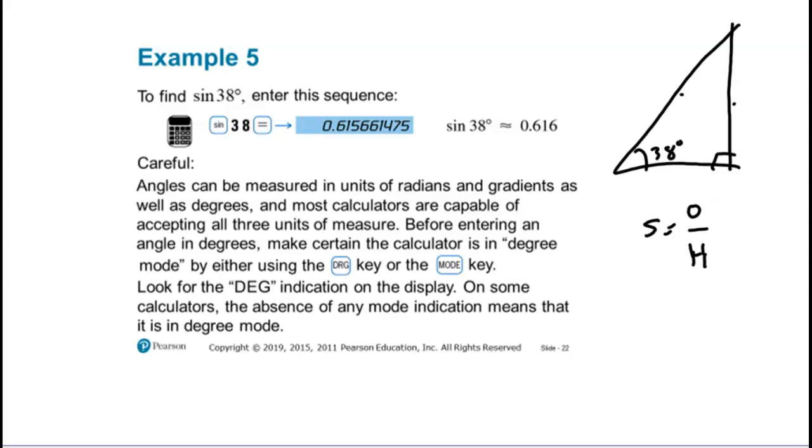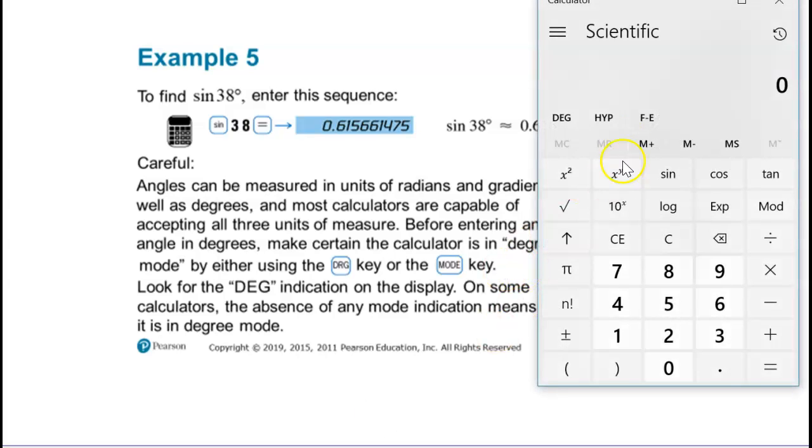So what we'll do is just go ahead and put this into the calculator, and my calculator is a little bit different from the one they describe here in my order, so you might have to do yours in a different order also. Rather than pressing the sine button first, on mine I have to go 38 sine, and then I come up with the same answer that they have, and that's 0.616.